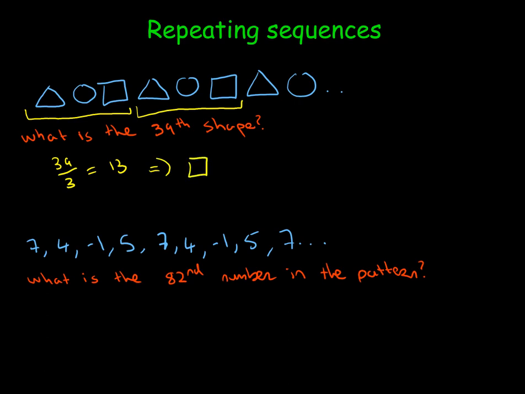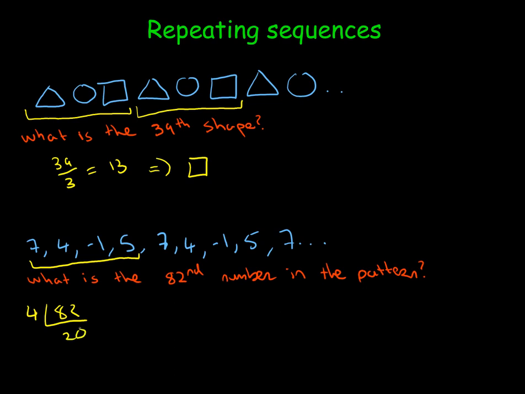In the next one, same kind of idea, whether it's a shape or a number, it's repeating. This one is repeating every 4 terms. So what you do is you divide 82 by 4. If it doesn't divide in evenly, do it the old-fashioned way, where you have remainders.